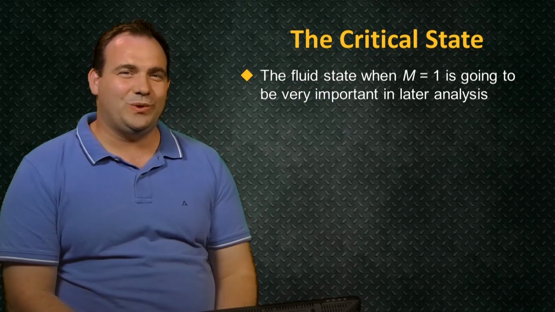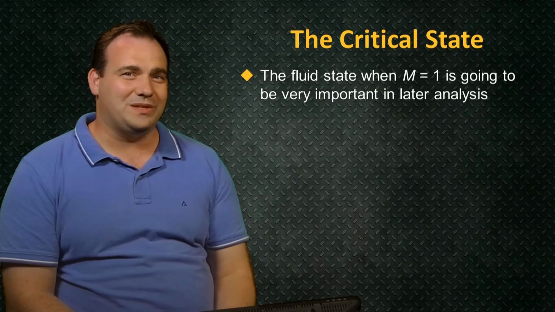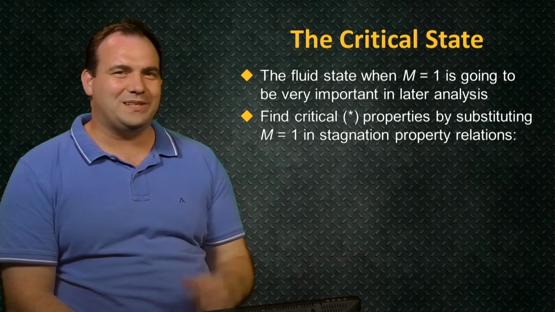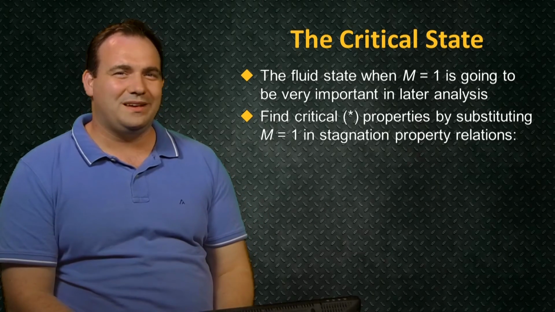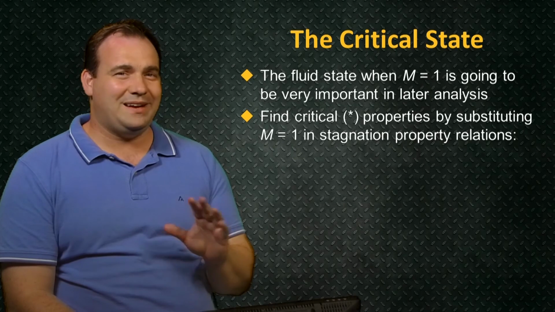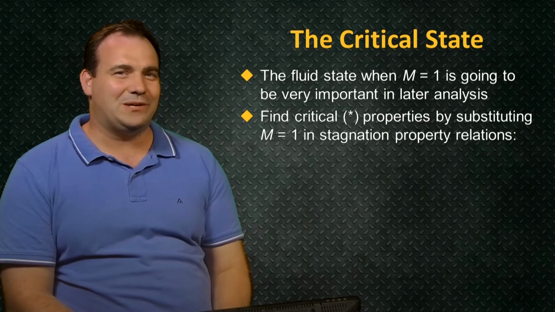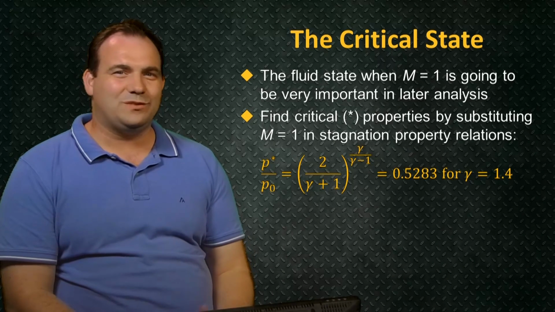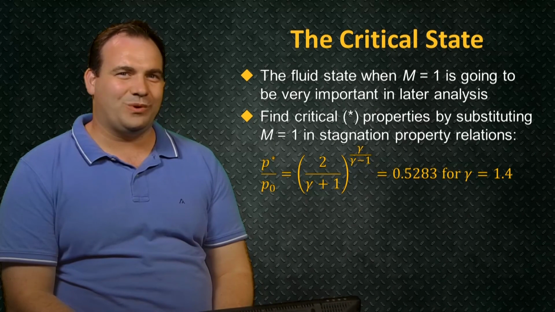The relations between the sonic state, which is denoted with a star, and the stagnation state can be found simply by substituting a Mach number of 1 in our relations for the stagnation properties. For gamma equals 1.4, which is the value for any diatomic gas, such as the nitrogen and oxygen in air, we find that the critical pressure is 53% of the stagnation pressure.